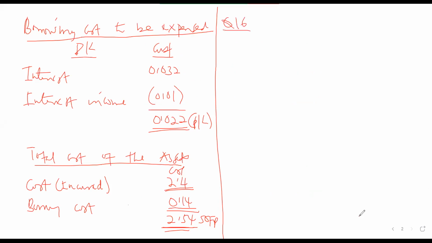Question 16. So the borrowing cost, the first one will be the bank overdraft interest. So we have the overdraft interest, which was what? 14,400.